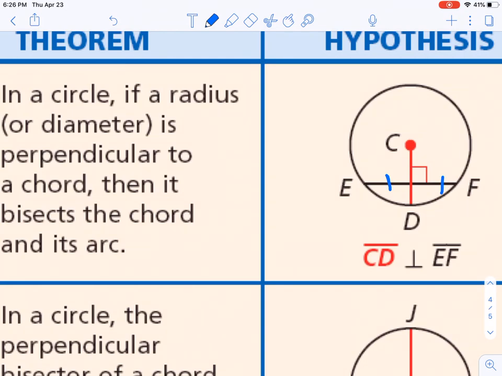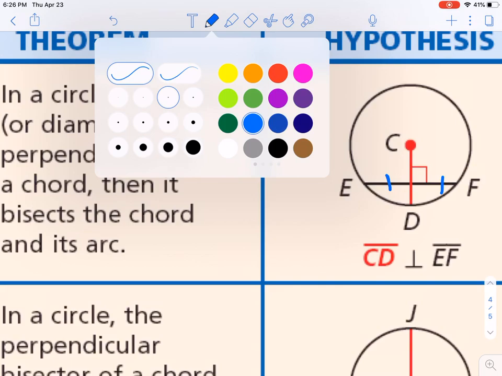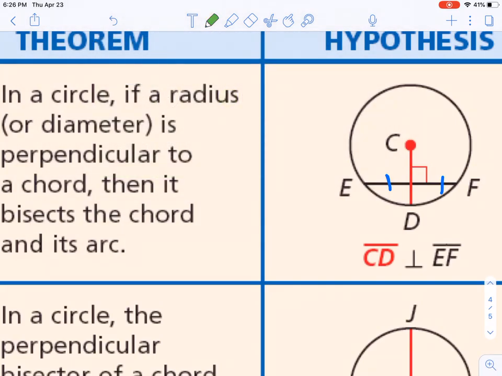If I'm looking at minor arc EF, it is also bisected by the radius CD. So we could say that arc ED is congruent to arc DF.